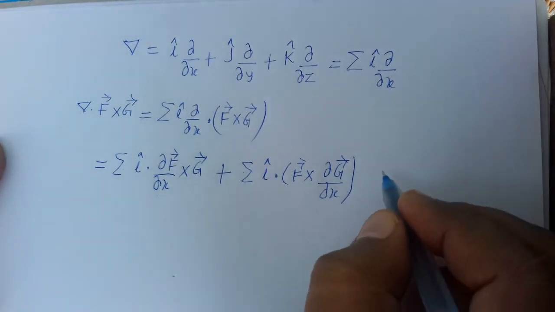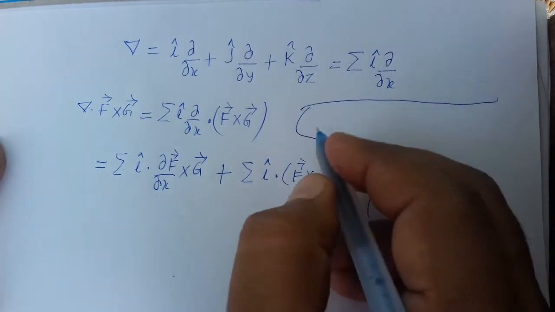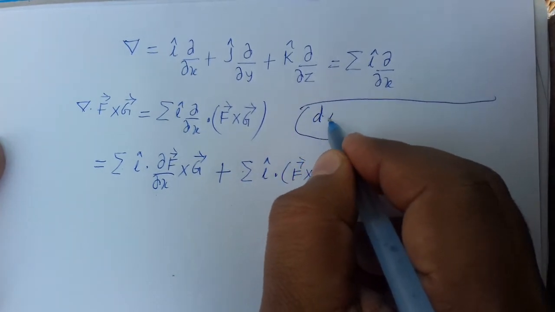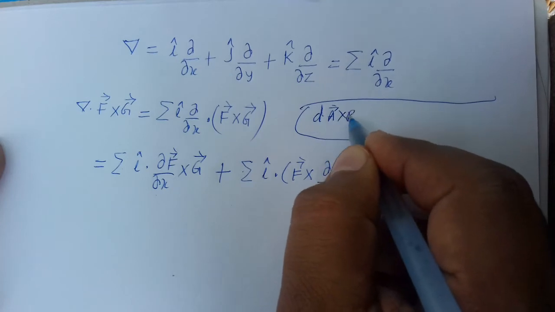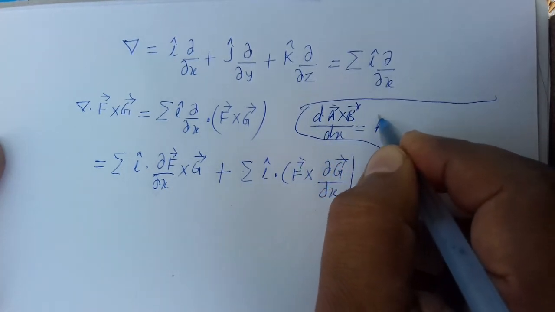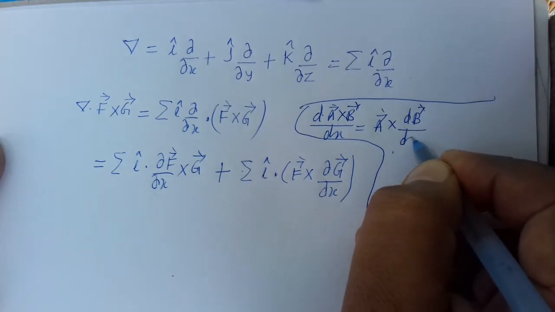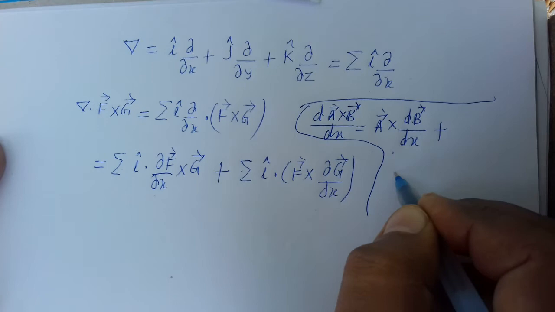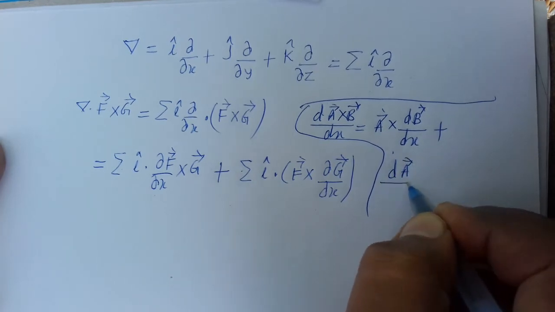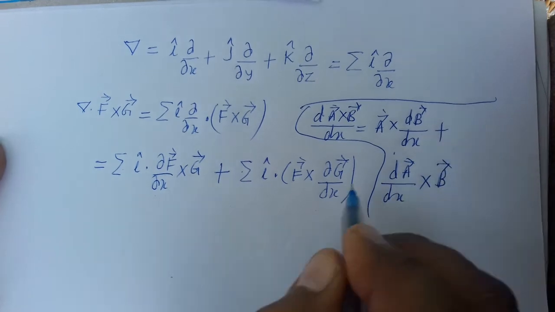I have written this using this formula: d of a cross b by dx equals a cross db by dx plus dA by dx cross b.